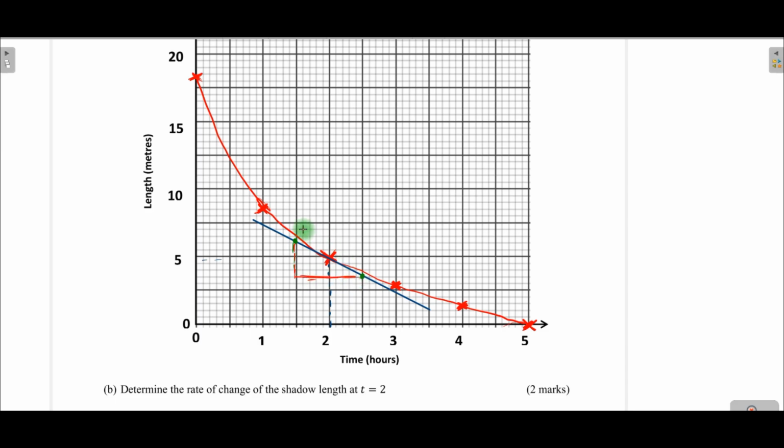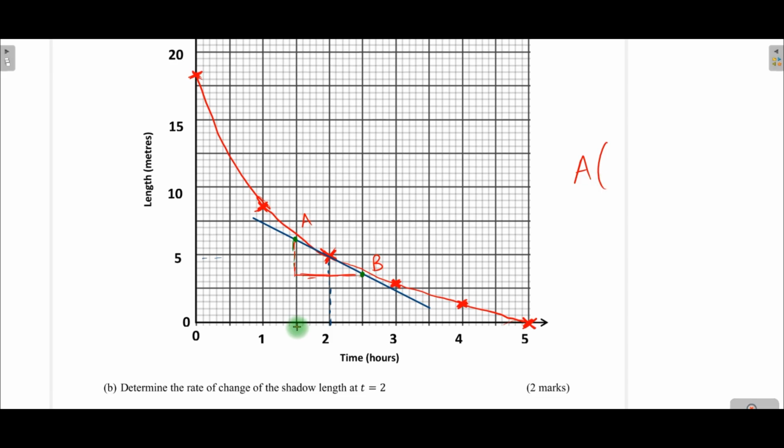So I need this point here A and the other point B. For point A, the coordinate in the x direction is 1.5, and the y direction from this point will be 6. Then for point B, it is 2.5, and this point will be 3.5.